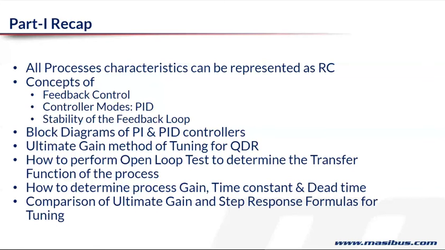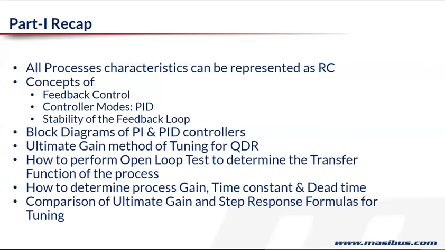Last time we saw that, based on this open loop test response, you can calculate the gain, the time constant, and the dead time. So these are the three important parameters: gain, time constant, which is nothing but the RC we talked about, and the dead time.